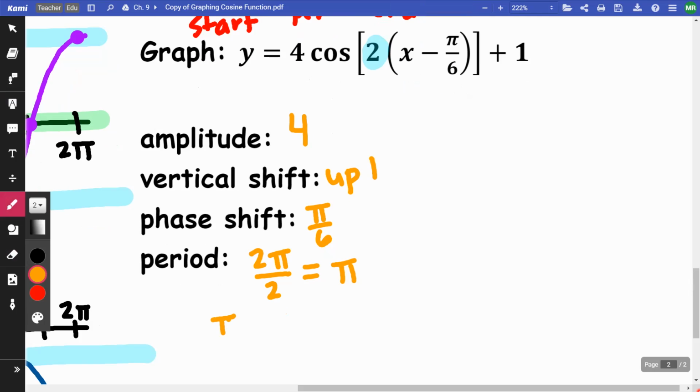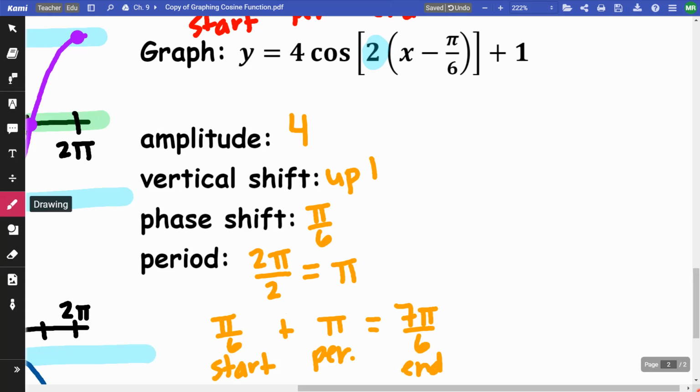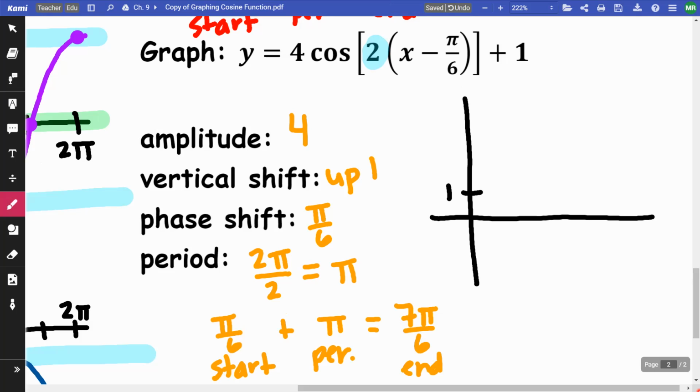So I am going to be starting at pi 6. I'm going to be adding pi, which is my period. And that's really 6 pi 6. So I'm going to end at 7 pi 6. So let's see, I'm going to start at 1.